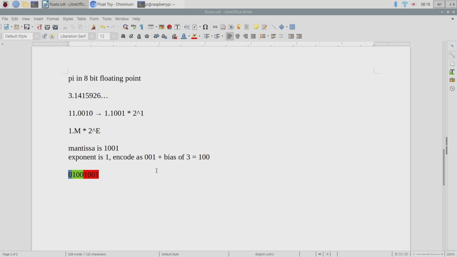Yeah? Okay, so let's actually compare this to, well, there's 2 questions we want to answer. What actually is this as a number, right? So if I were to go back and decode this back to base 10, what do we have here? Do we have 3.14? Do we have 3.141?